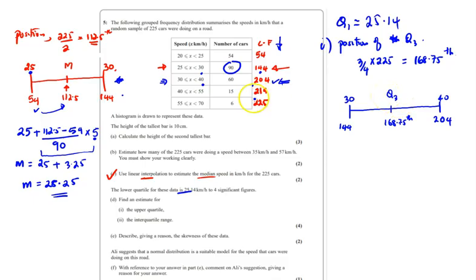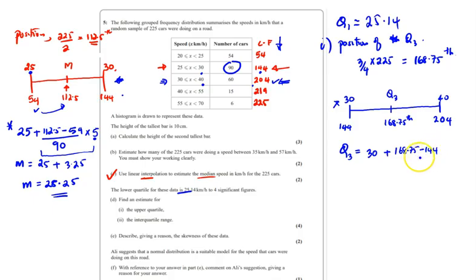It's the same scenario we used for the median. Q3 is going to be 30 where you started. But when you started at 30, you have 144 cars, and you're looking for 168. So how many more cars do you need? 168 minus 144.